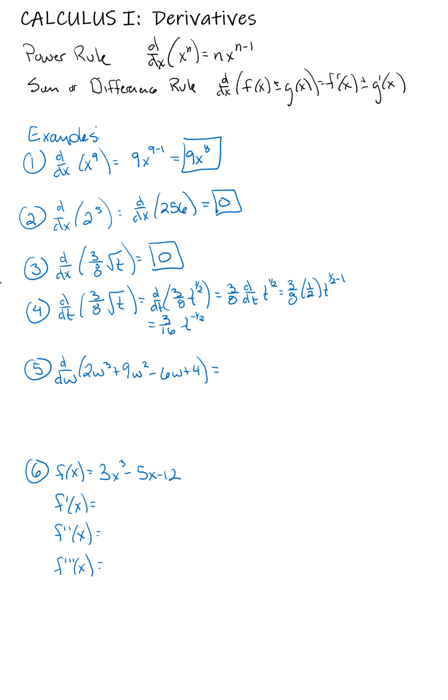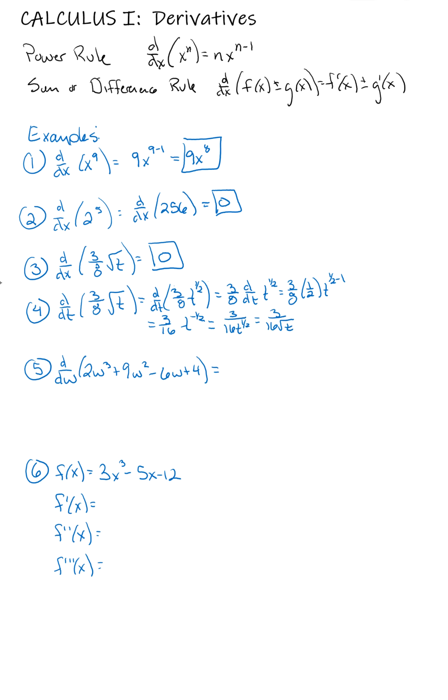Of course, a negative 1/2 in the exponent is the same thing as a 1/2 power in the denominator, but a 1/2 power, as we saw at the beginning, is really just the square root. So we have 3/16 times the square root of t in the denominator.